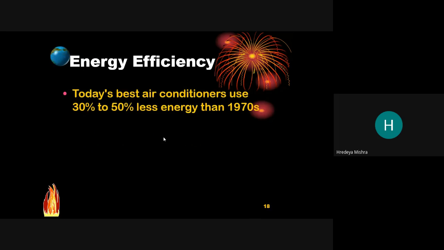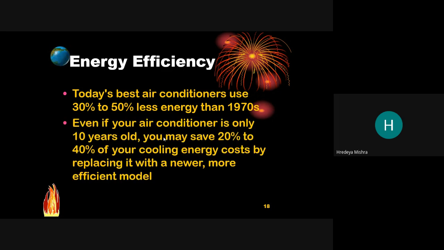Energy efficiency. Today, the best air conditioners use 30% to 50% less energy than in 1970. Even if your air conditioner is only 10 years old, you may save 20 to 40% of your cooling energy cost by replacing it with a new, more efficient model, because a new model consumes very less electricity.